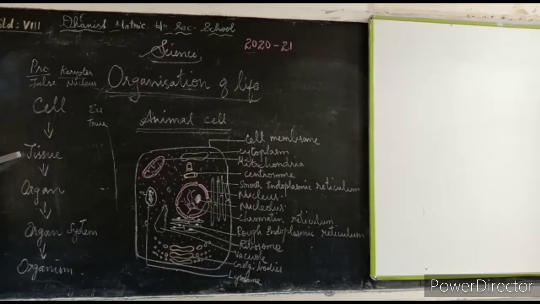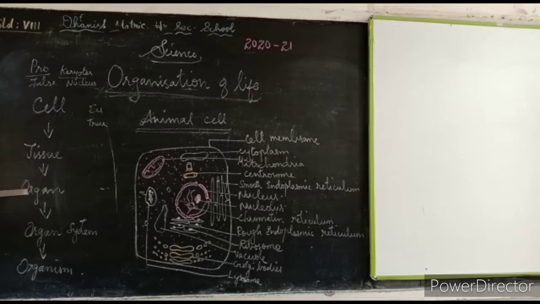The cells are the structural and functional unit of all the organisms. So cells are the building blocks of all the organisms. The cells together produce the tissues. Two or more tissues together produce an organ.